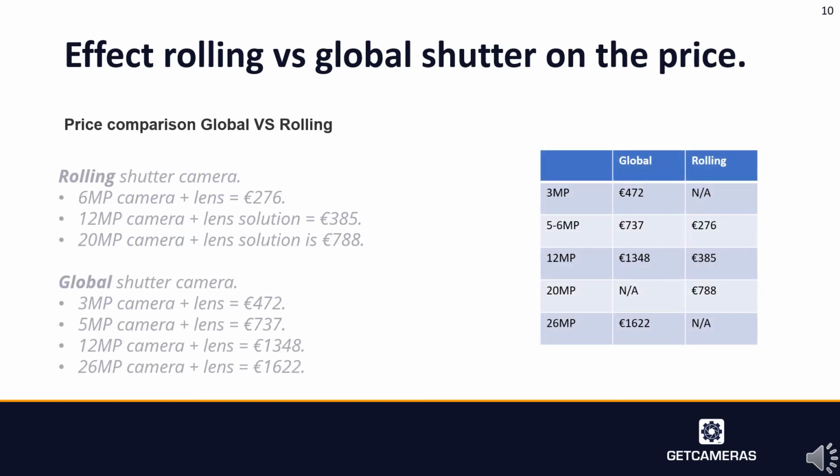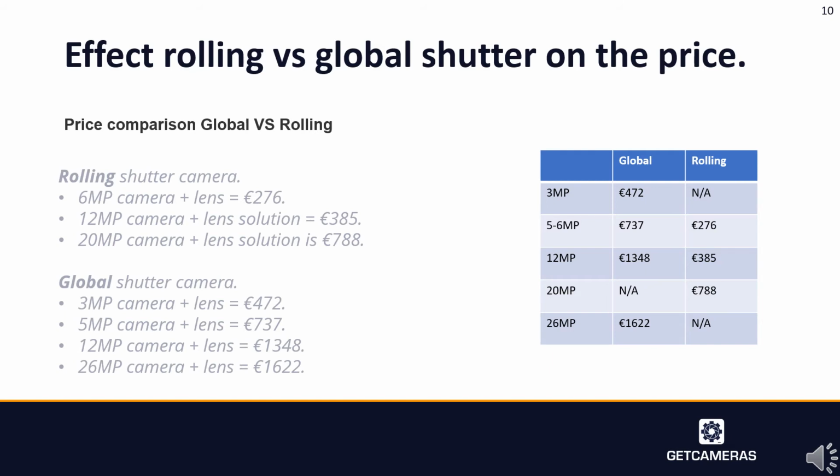The following point about shutter selection is the price. Global shutters are more expensive than rolling shutters. And the more resolution on the sensor, the more this gap actually grows. Consider that global shutter sensors are actually bigger, so they do require a larger lens to fit, and this is more expensive. So the price between rolling and global shutter becomes more marked when you're using higher resolutions.